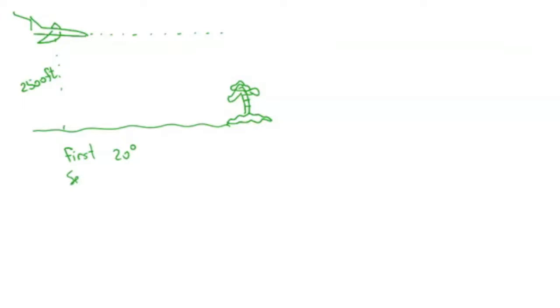The second one, let's let it be 85 degrees, and these are 10 seconds apart. As he's flying along, he measures the first one as 20 degrees, angle of depression down to that island. The second time he measures it, he's closer to the tree, so the angle is going to be bigger.